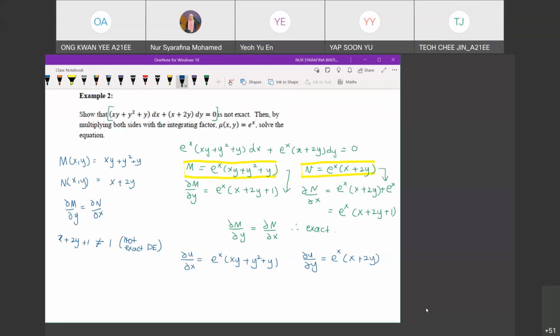Method 1. Method 1 is easier, right? Because you just need to integrate one function. So which function do you want to integrate? du dx or du dy?